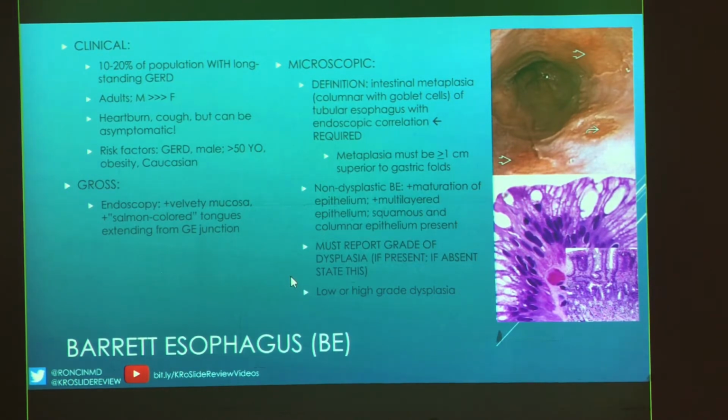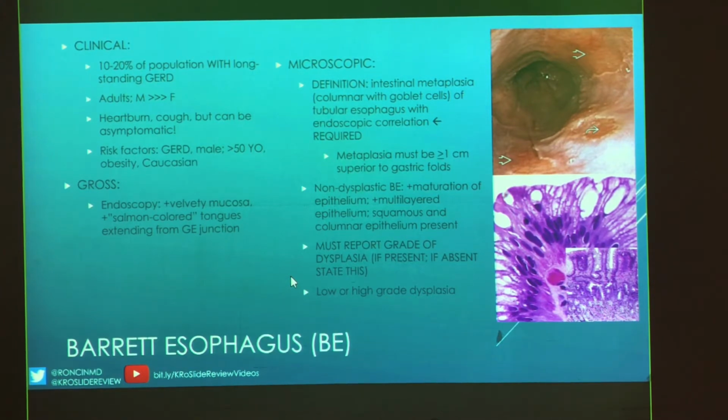It'll be very velvety because it's undergoing change and it's irritated. You'll also have irregularity of the Z line, which becomes more prominent. What you're seeing on the endoscopy is the empty arrowheads pointing to the salmon tongues coming towards you, and there's maybe also a superficial ulcer at the curved arrow.